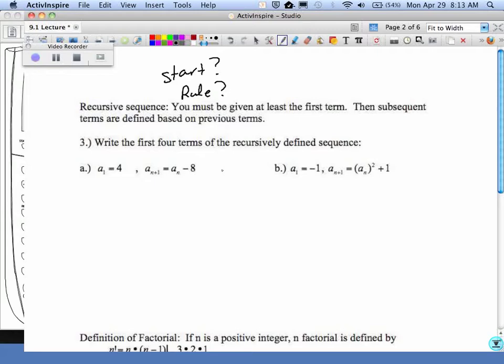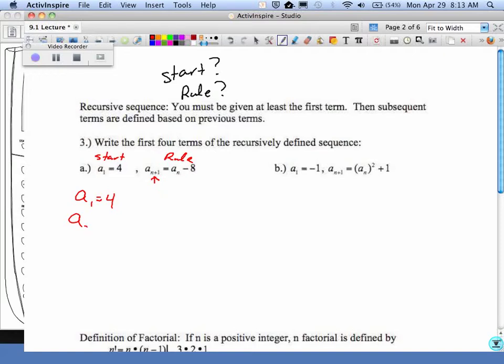When you look at this very first problem, I'm telling you where to start, and I'm giving you the rule. So my a sub 1 is 4. The rule, n plus 1, is telling you to add 1 to what they call an index variable, so you're going to bump it out 1. So what's next? We look for step 2.